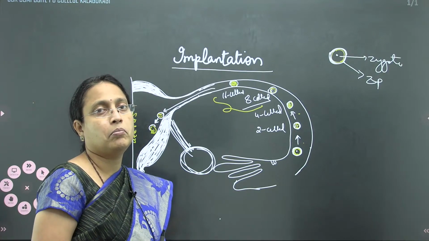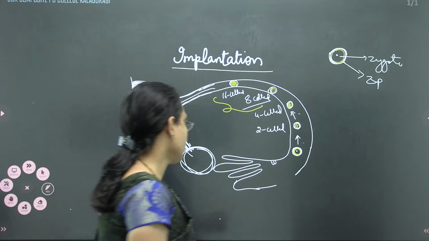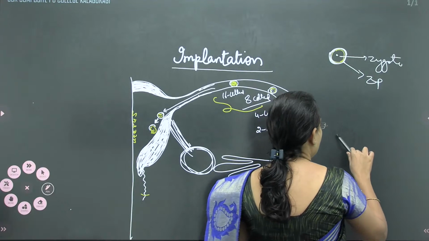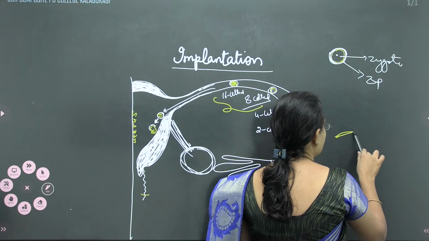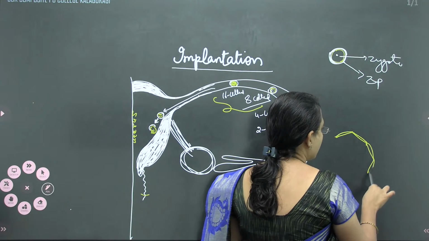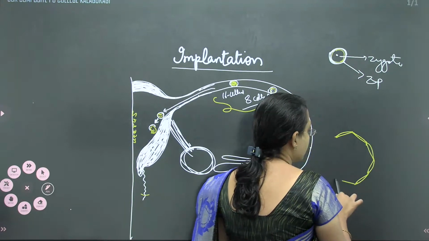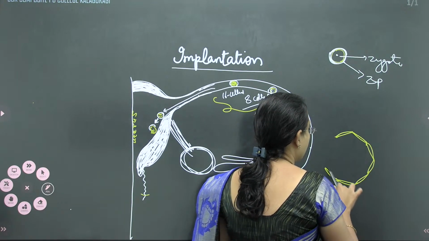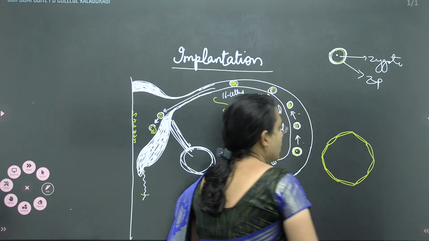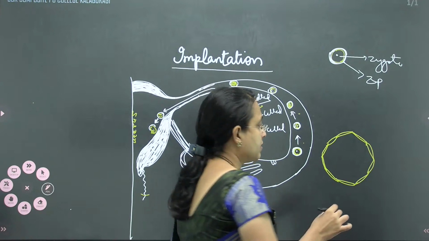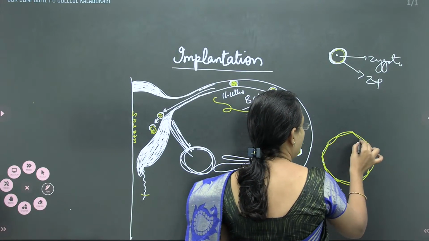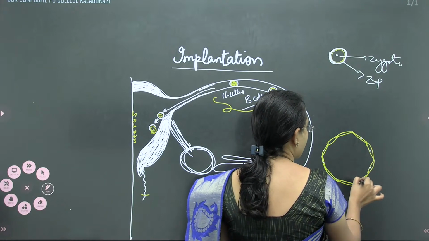Okay. Next is structure of blastomere. I'm going to explain the structure of blastomere. So this is the typical structure of blastomere. Outside it is going to have flat cells. These are called trophoblast cells.